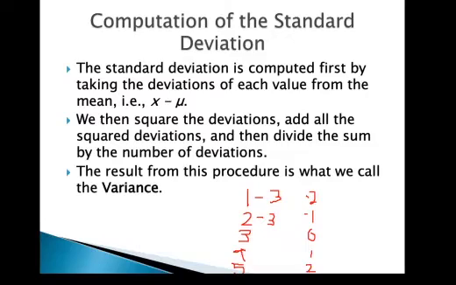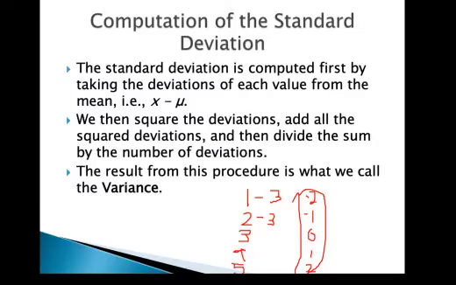We call these values deviations from the mean: negative 2, negative 1, 0, 1, and 2. These are deviations from the mean denoted by x minus mu.